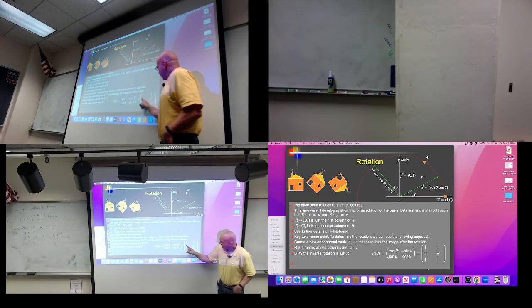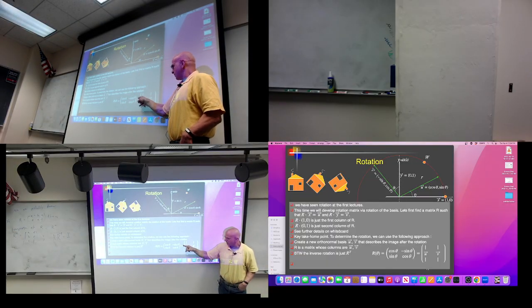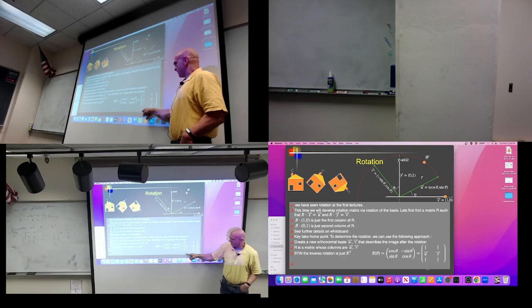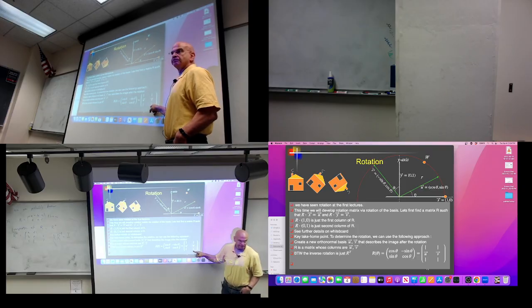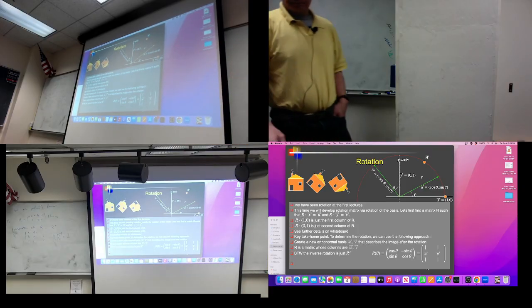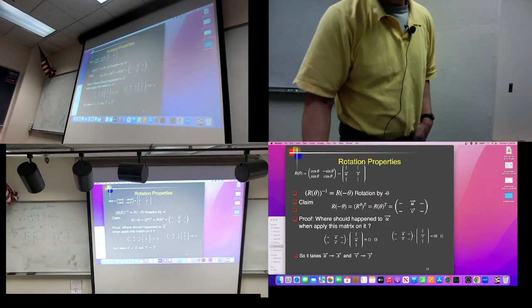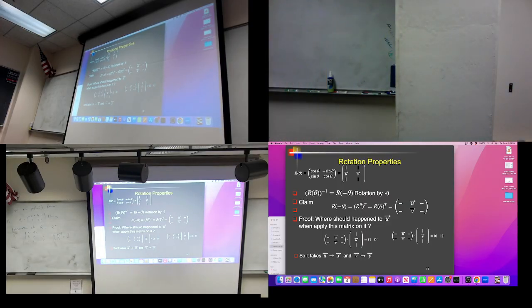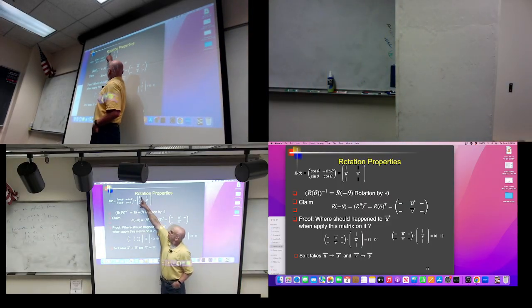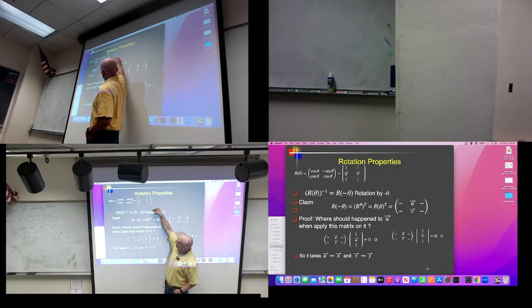And once I did it, I noticed that this rotation matrix is represented by the column of u and the column of v.